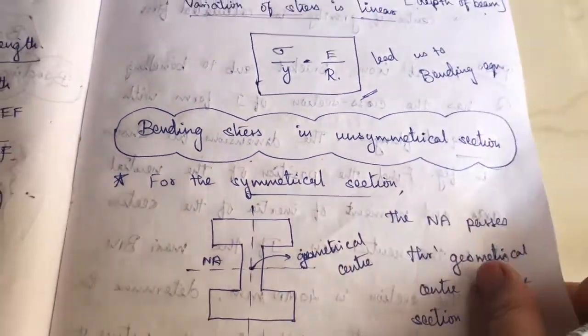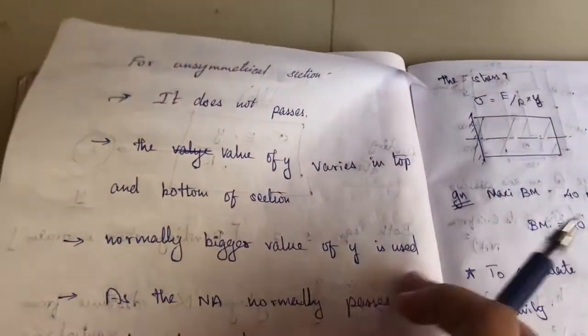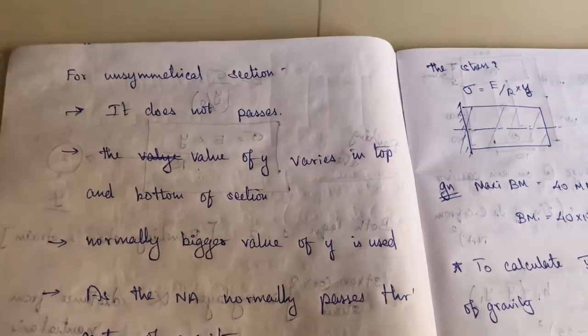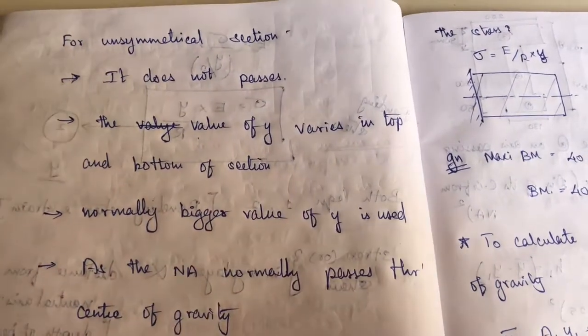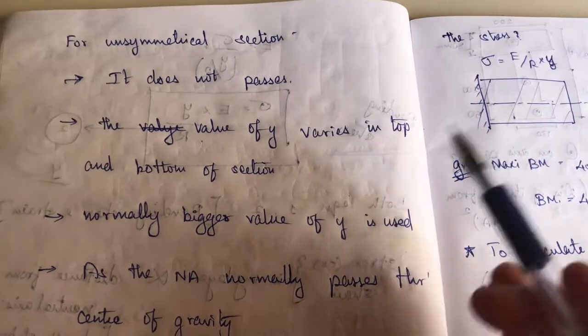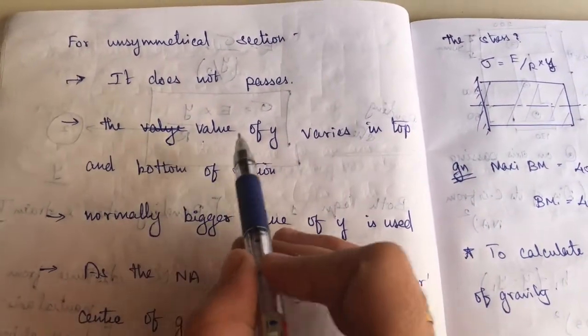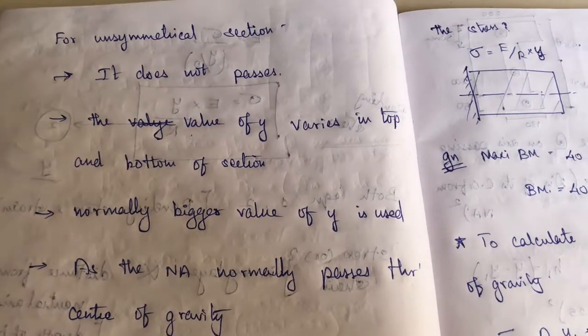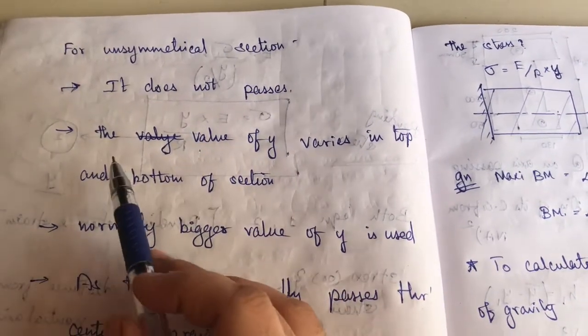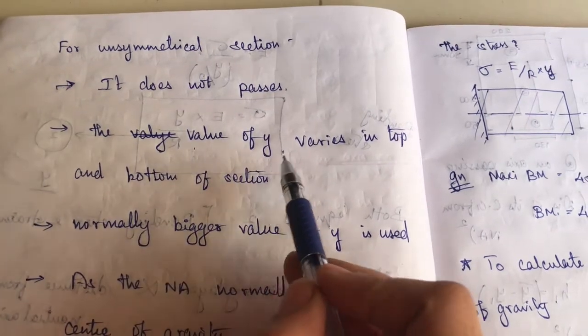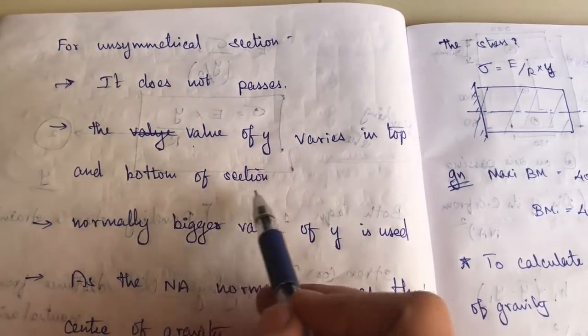Then what is an unsymmetrical section? For an unsymmetrical section, the neutral axis does not pass through the geometrical center. It's the main point. And then the value of y varies in the top and bottom of the section.